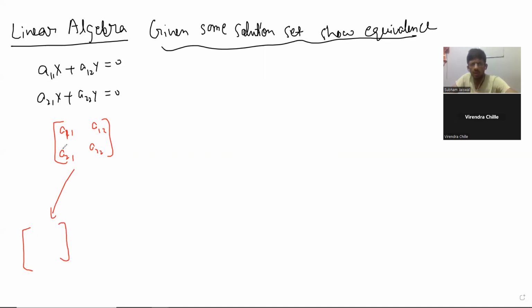When you reduce the system, how can you write the most general form?